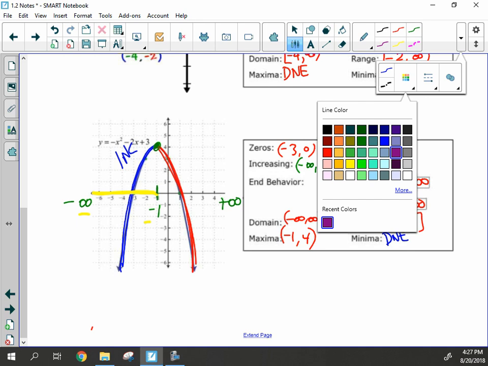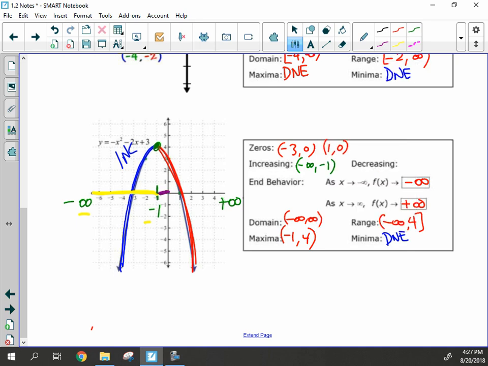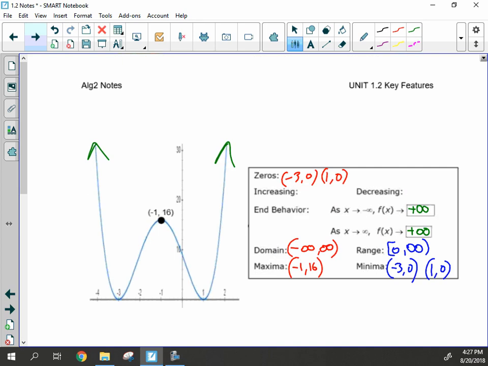So this one's got a few parts to it. So left to right, this is going down, and it's going up, then it's going down, and it's going up. So the parts that we care about is where they change directions. So this number is significant. This number right here is significant, -1. This number right here is significant, +1.